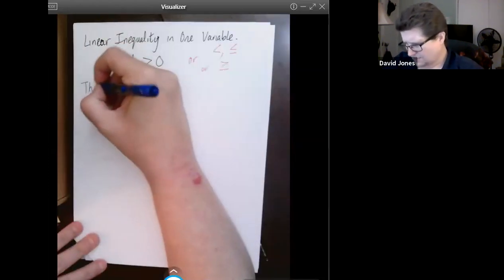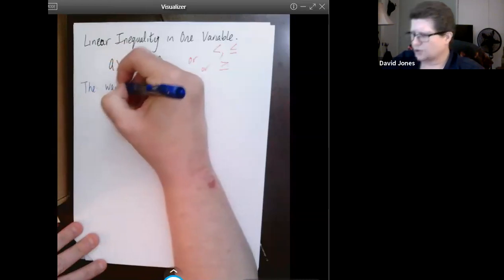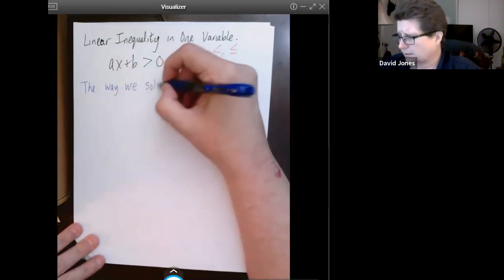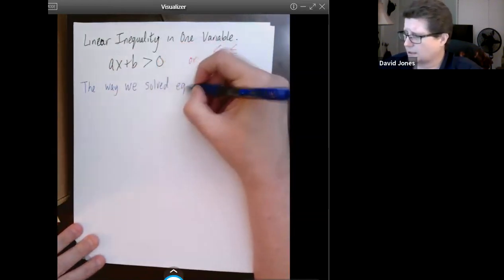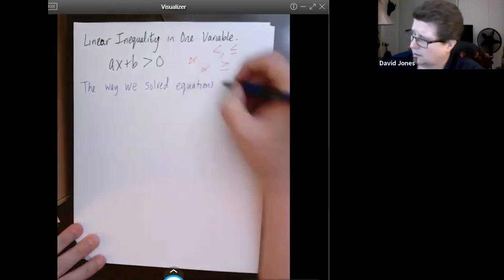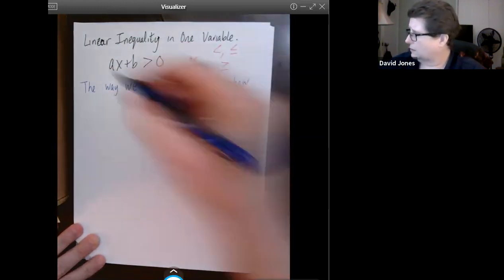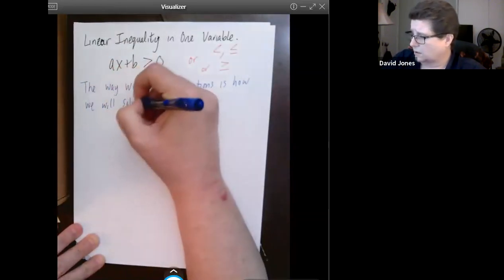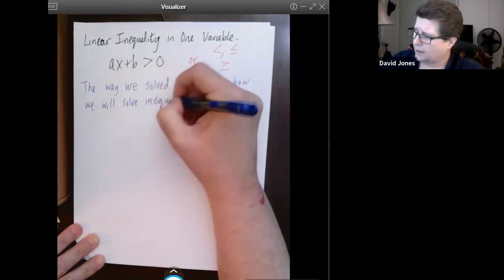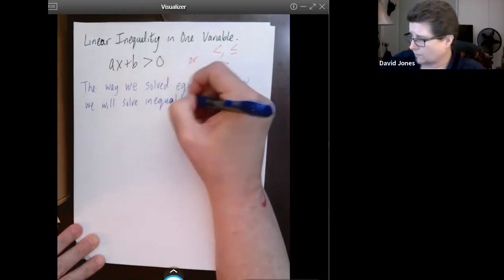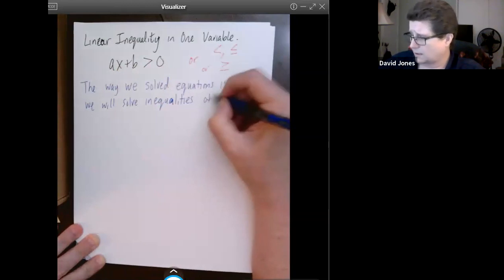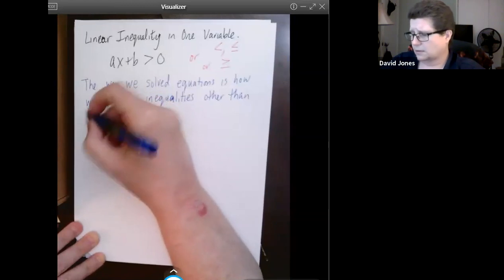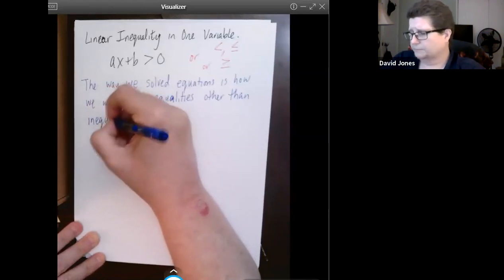The way we solve equalities is the way we solve inequalities, other than the inequality symbol.